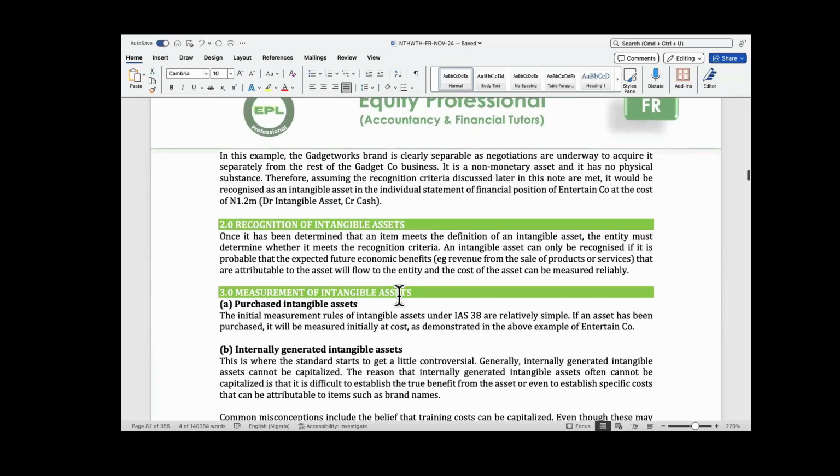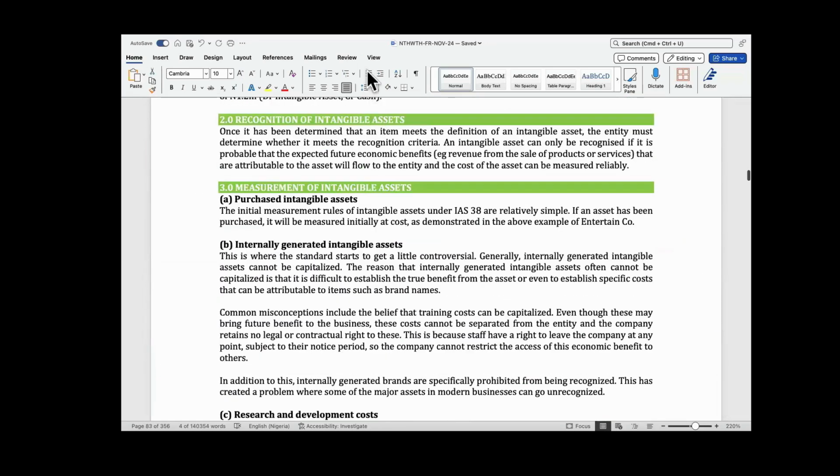Now, when you have identified that this is an intangible asset, when can you recognize it in your books? There are two recognition criteria, and those two recognition criteria are exactly the same as those of PPE. So I won't repeat all those long teachings I did for PPE.